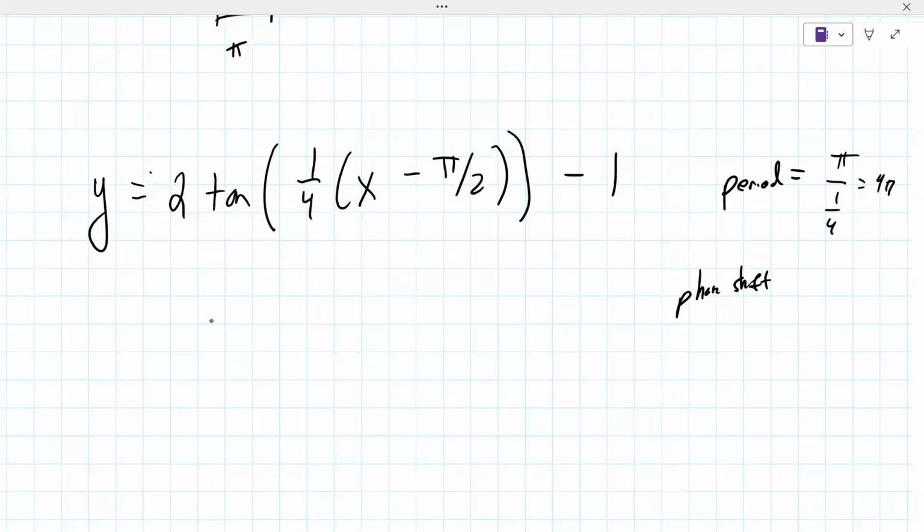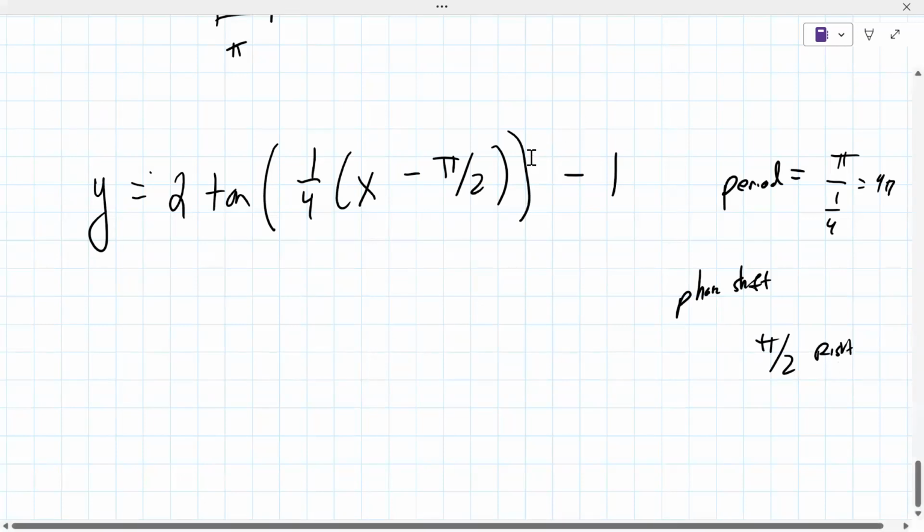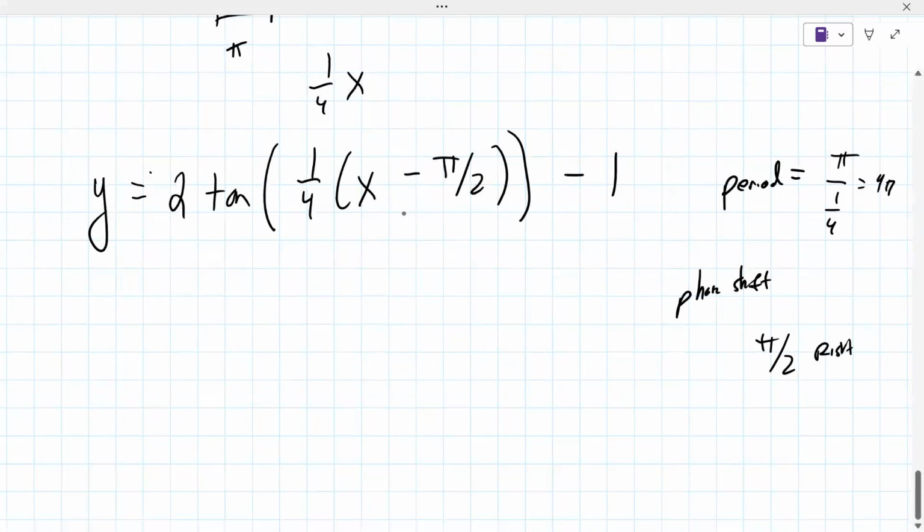Is it pi over 2 divided by 1 over 4? No, it's pi over 2, right? When it's in this factored form, it's just this. You're thinking of when it's in this form, which is pi over 8 divided by 1/4.